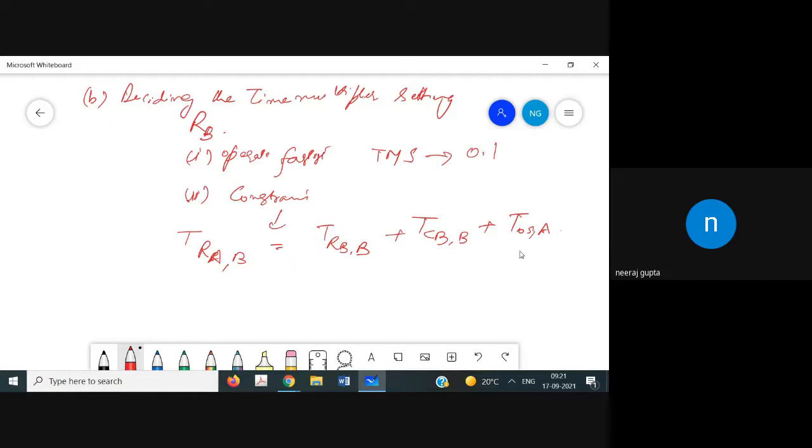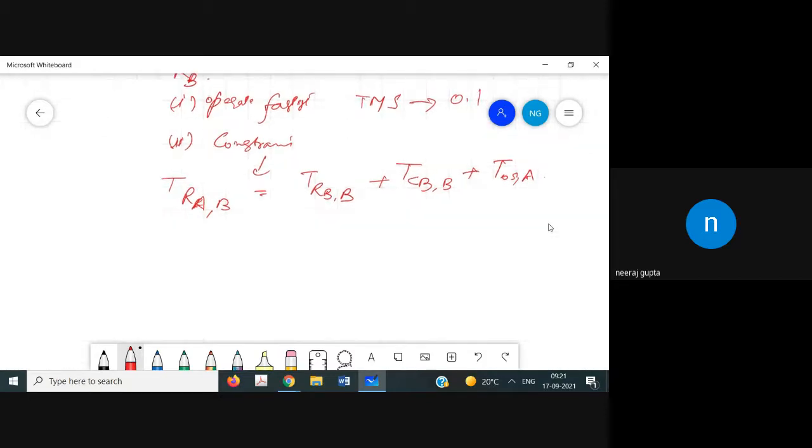Now, as we are using the IDMT relay, the operating time for the maximum fault beyond B can be found from the equation we discussed in the last lecture.